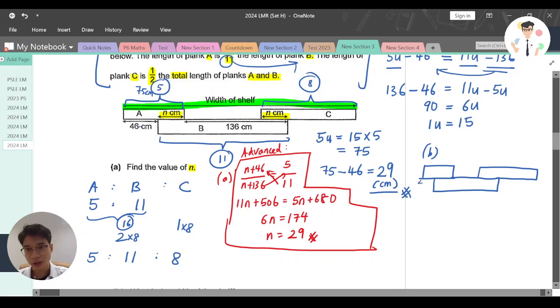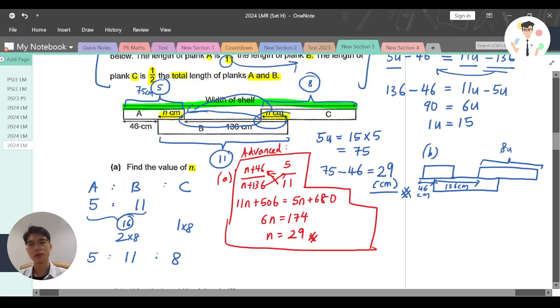Now, if you look carefully, here is 46 cm. And you see, 136 is actually this, the meter space at the end, correct? So instead of putting here, I can put here. It means that from here up to here is actually 136 cm. So this part, I shift it to here. Then what I can see is here will be what?